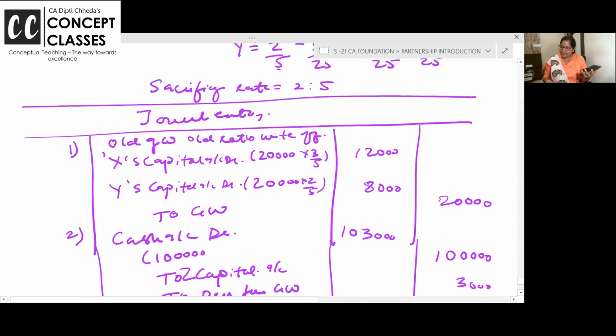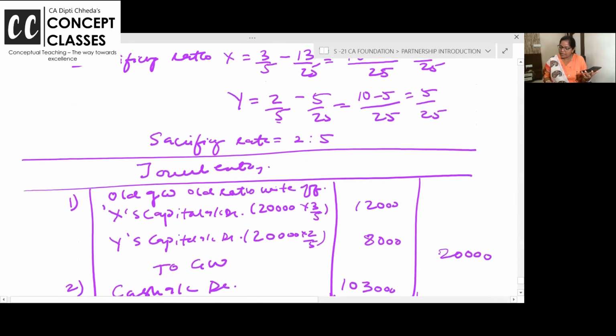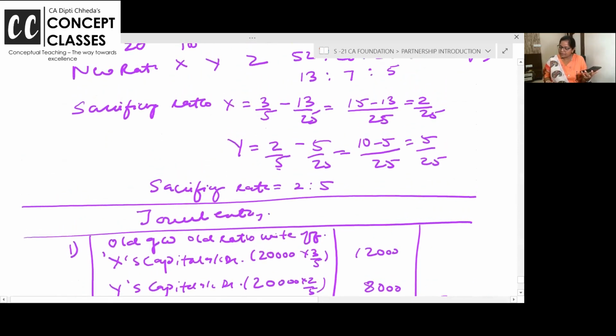One minute. Sacrificing ratio. My sacrificing ratio is coming different. One second. Three by 5.